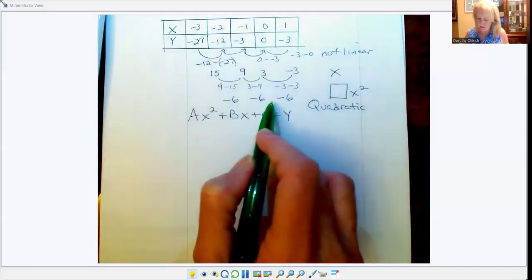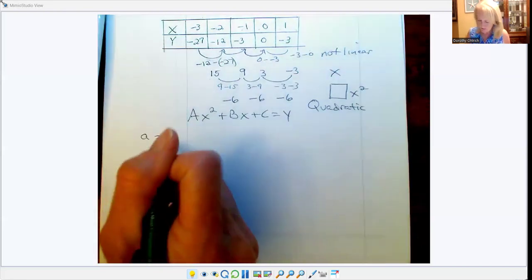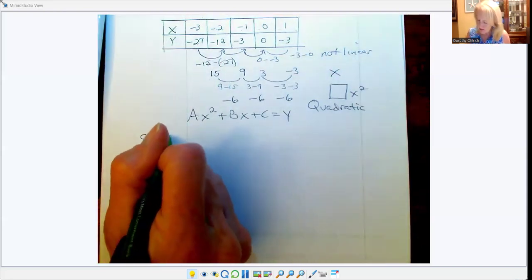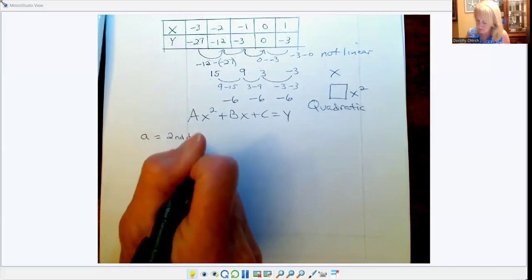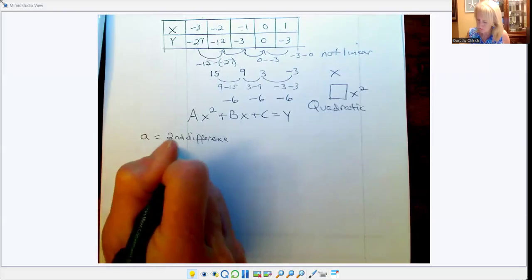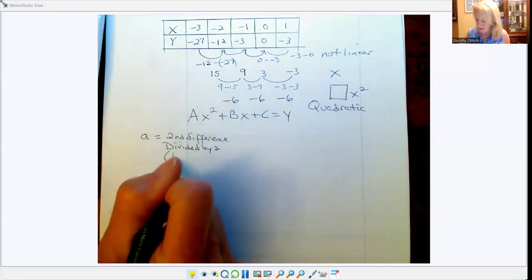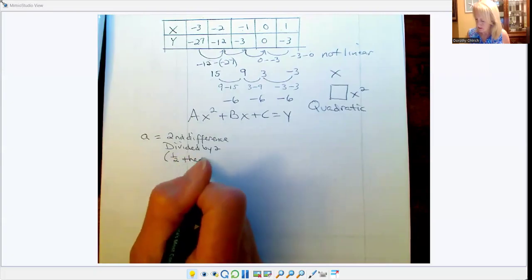This was the second difference. How do you find the a? A is the second difference divided by 2, or half the second difference.